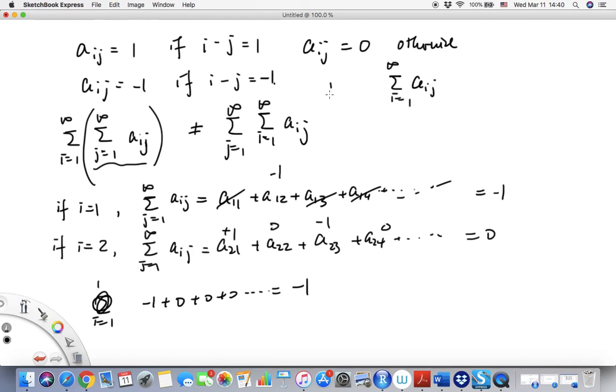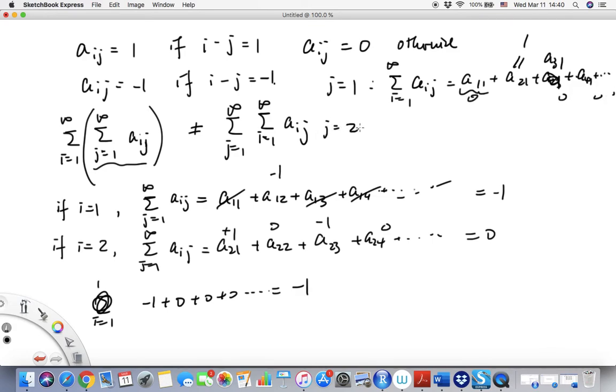Say when j is equal to 1, this is equal to a11 plus a21 plus a31 plus a41. a21 is equal to 1, right? So this is equal to 1 and the rest are 0.